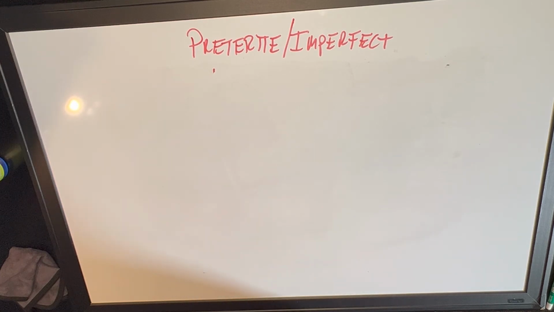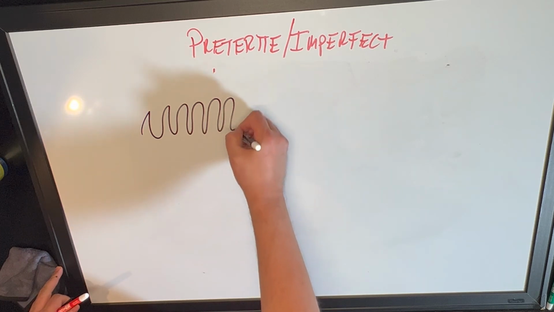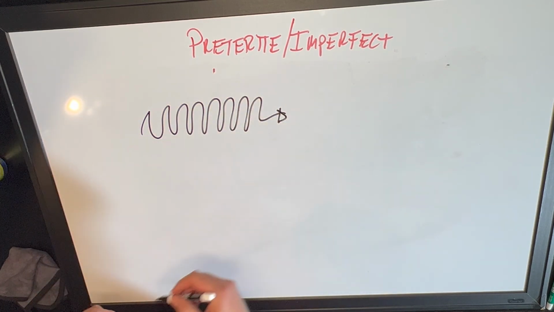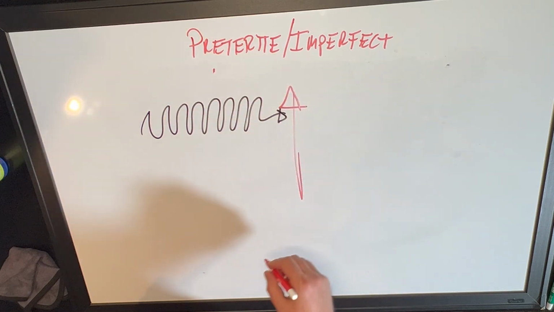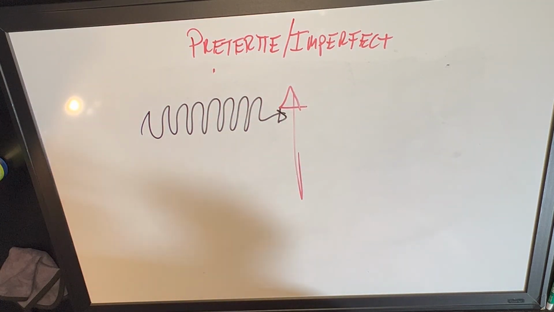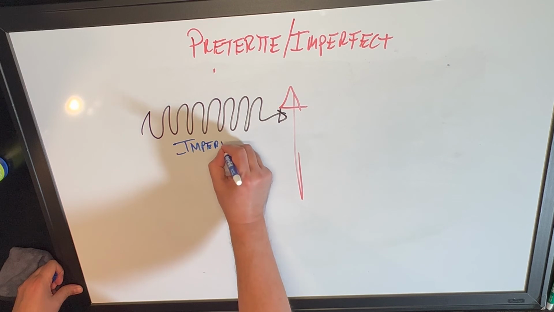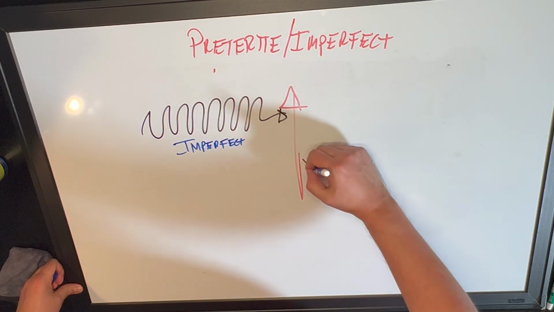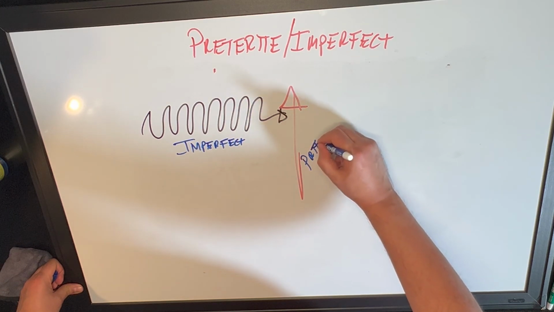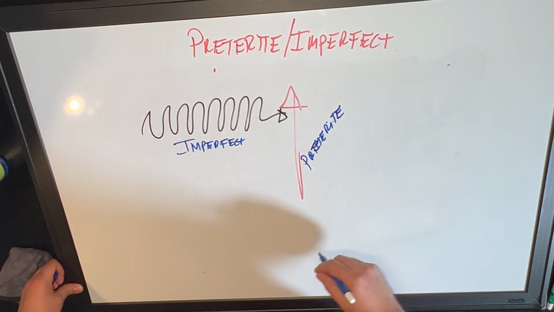Imagine that you have an ongoing action, and then you have, boom, an action that interrupts. Well, the ongoing action is going to be imperfect, and the action that interrupts is the preterite. Okay?